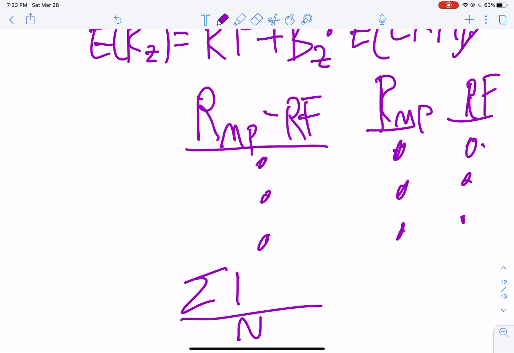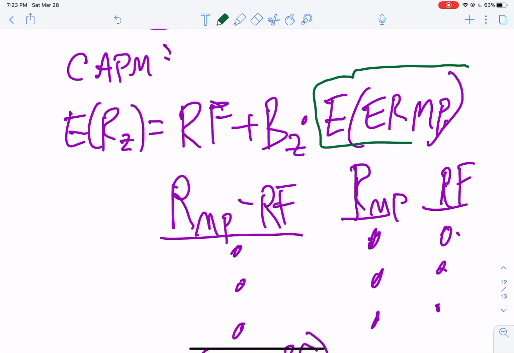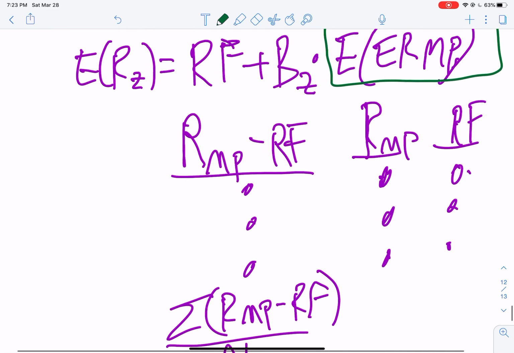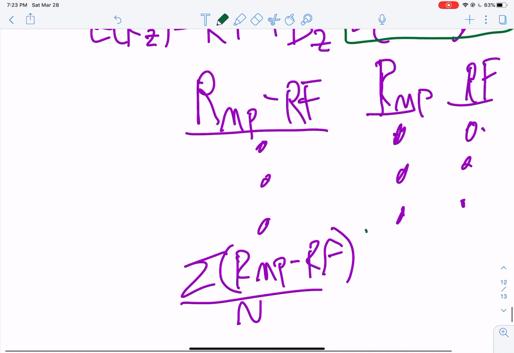You sum the return on the market portfolio minus the risk-free rate, and divide by n. And that is what this term right here is: the expected value of the excess return on the market portfolio.